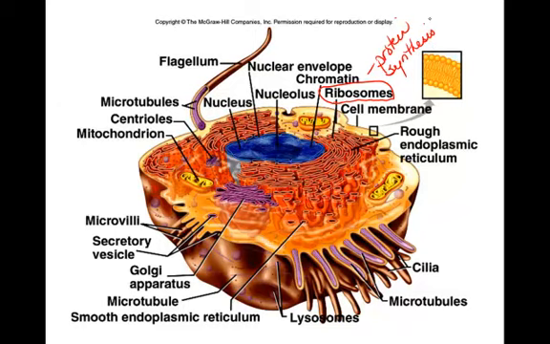It's the area in the cell where they get built. Depending on what kind of cell you have, if you have a muscle cell, you're going to build muscle proteins. If you have a skin cell, you're going to build some skin proteins. We'll talk about proteins all throughout the program, and when we do, we'll always think back to the ribosomes as where they're built.